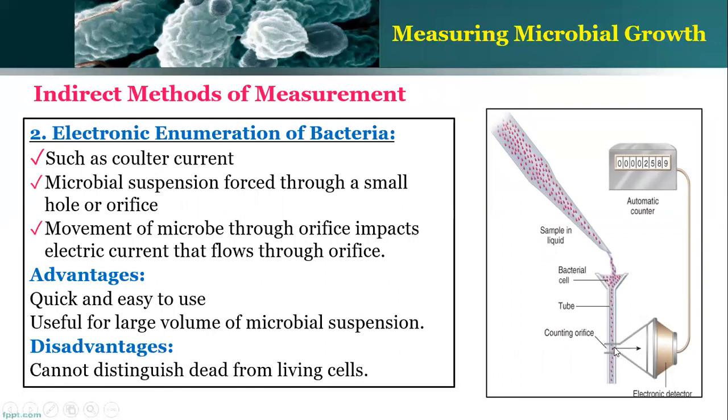When microbial cells are found in this suspension, the electric current that flows through the orifice is disturbed and detected, and it is automatically counted in the automatic counter. This also counts both the dead and living cells, and it is a very easy method for counting and useful for large microbial suspension volumes also.